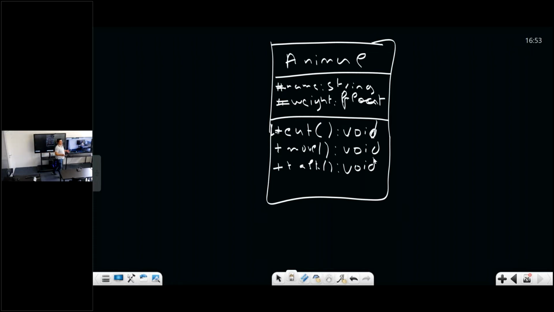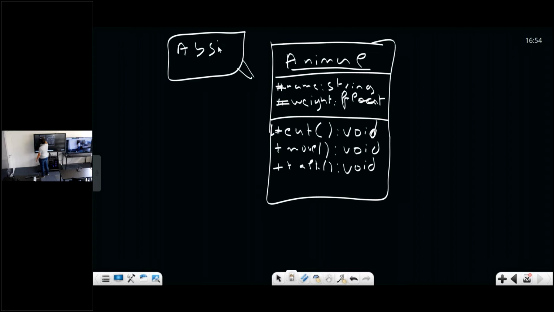If I ask you to show me an animal, you will not be able to show me an animal without showing me a dog, a cat, a pig, a duck, a chicken, or anything else, not just an animal. An animal is what we call an abstract concept. It's something you cannot visualize, so you cannot instantiate it because you cannot define it concretely. So I will make my animal an abstract class. So this will be abstract.